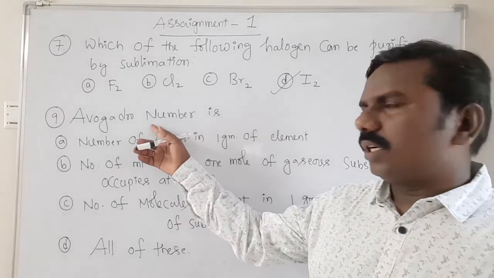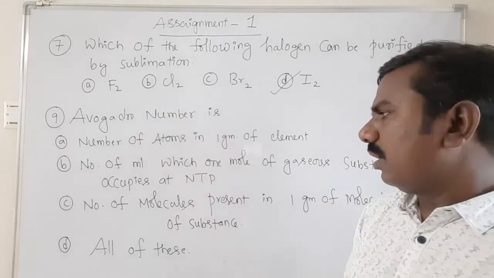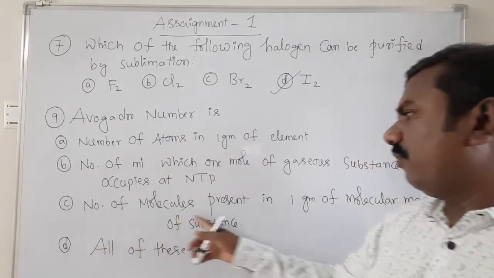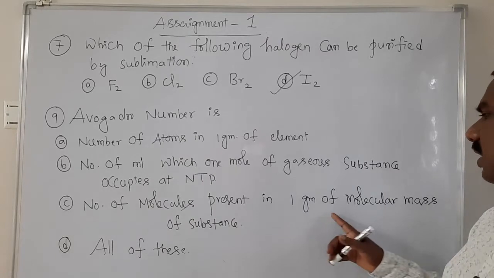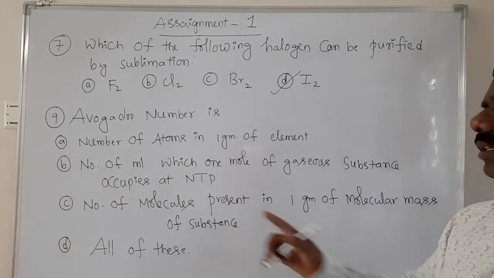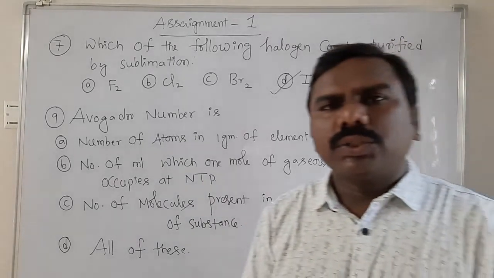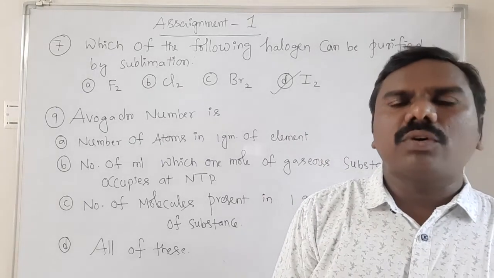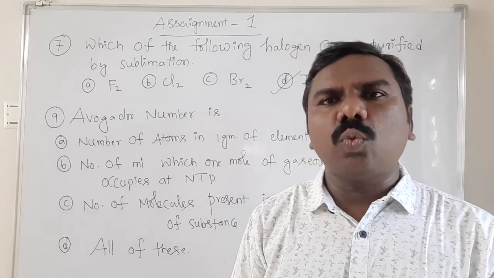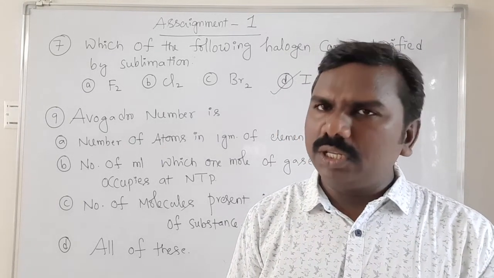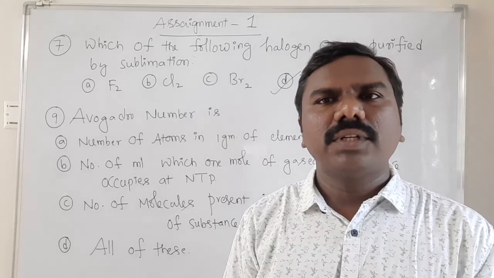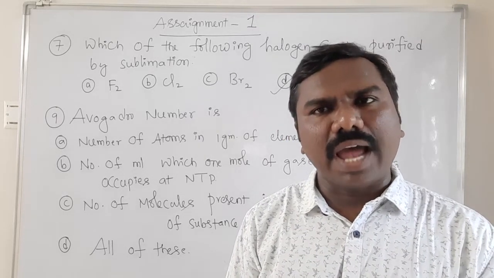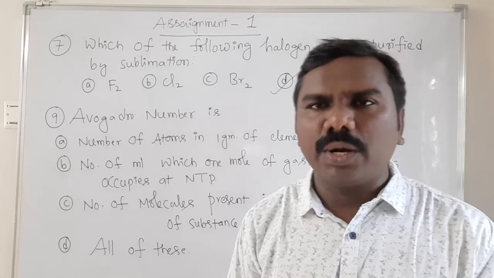That is not Avogadro number. Next, number of molecules present in 1 gram molar mass of substance. So number of atoms or molecules present in 1 molar mass of molecules or atomic mass of atoms is called Avogadro number.